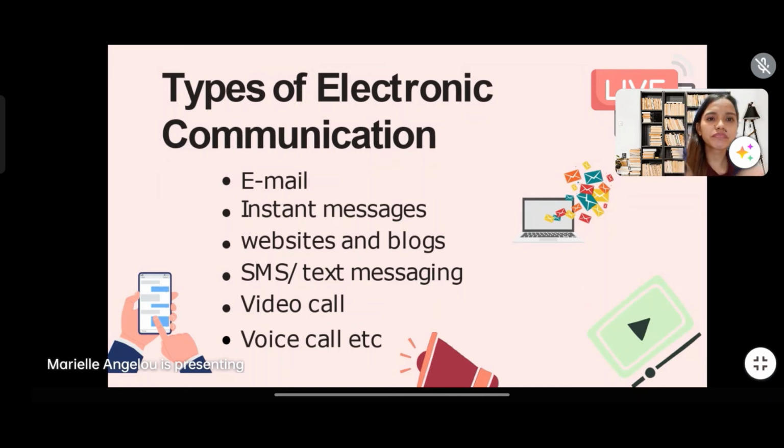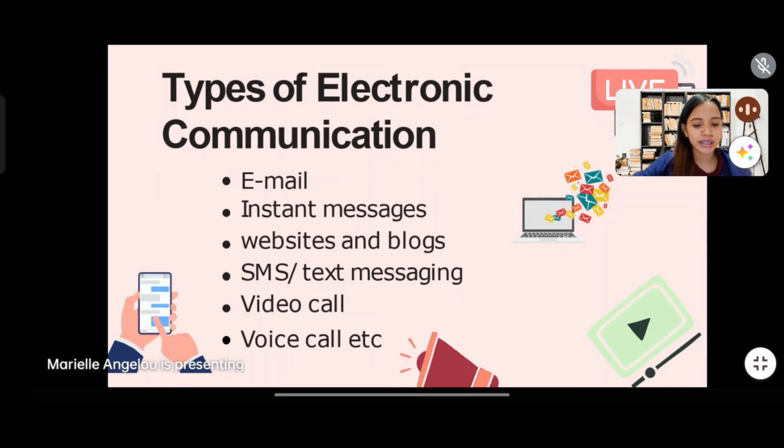As I said earlier, one of the examples for video call electronic communication is Facebook Messenger. Next, we have the SMS or text messaging. We are really familiar with this one, SMS, or short message service.